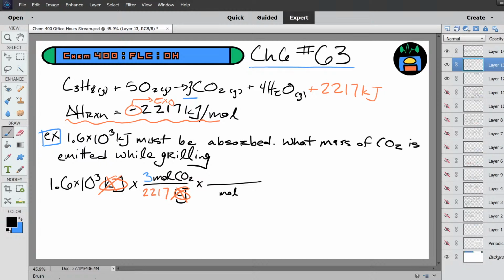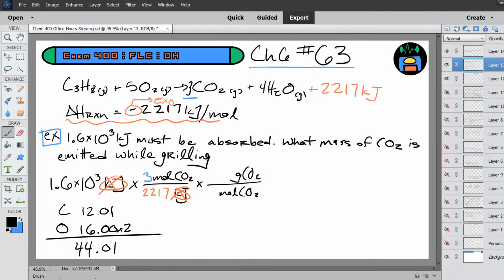Next, we need to convert from moles of CO2 to grams. Here we need a molecular weight. So we add up the mass of 1 carbon and 2 oxygens. It comes out to be 44.01 grams in 1 mole. Moles of CO2 cancel.